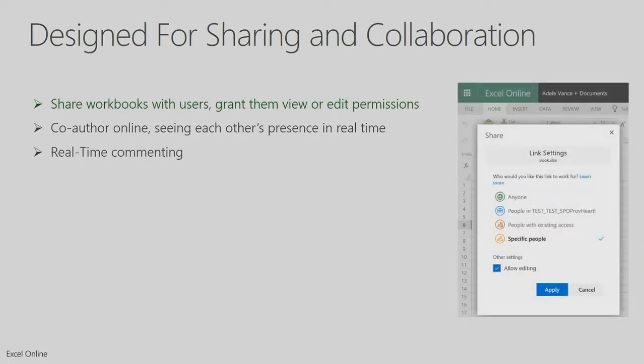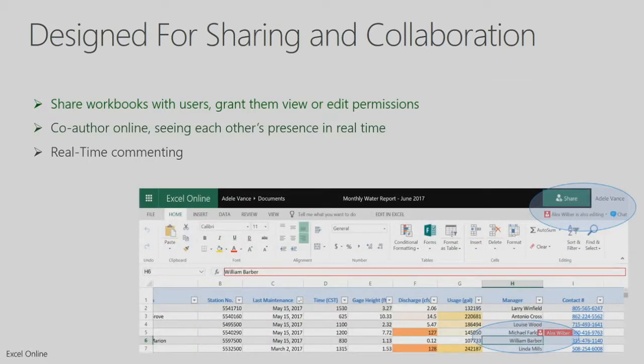So first of all, users can share their workbook once you upload it to OneDrive. You can share it with others and set permissions. You can co-author online. So users can go into one and the same workbook and do some work together, collaborating on it.